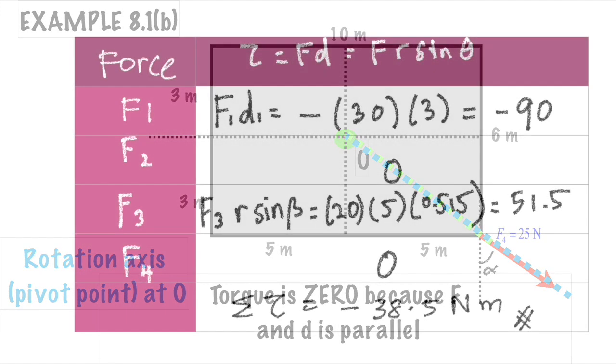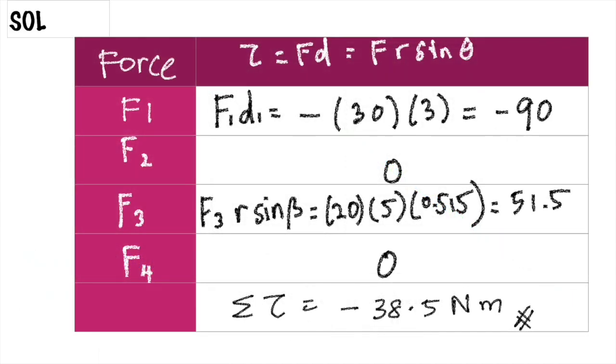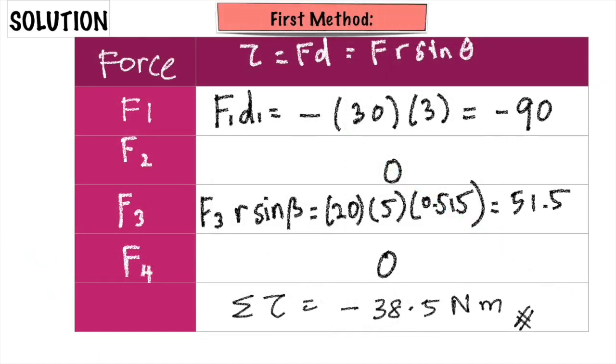For the solution, we need to draw the table first, containing all the forces acting on the body. We have 4 forces there, F1, F2, F3, and F4. For F1, torque is clockwise, means that negative there. 30 is F1, 3 is D1, then we have negative 90 there. For F2, torque is 0.